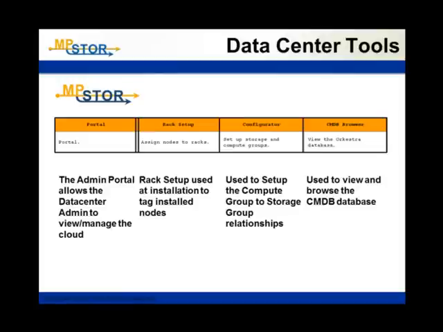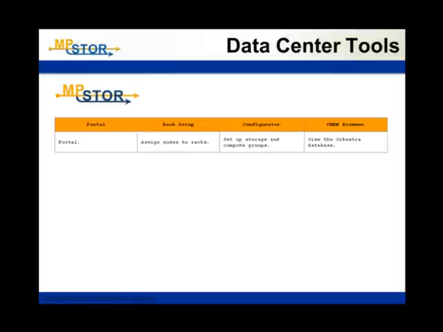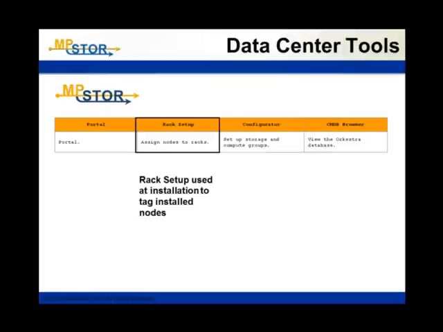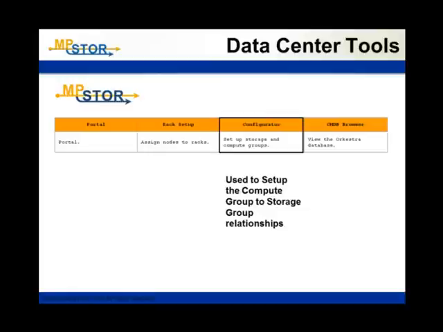In terms of the data center tools, there's a set of tools that allow the provider to set up and manage the Orkestra installation. There's an admin portal, for the data center to manage and view his cloud. A tool for setting up racks and which systems are installed in which racks.